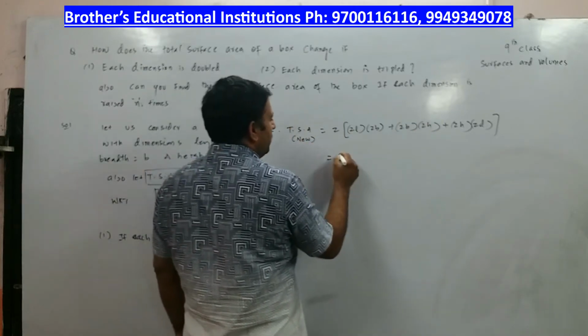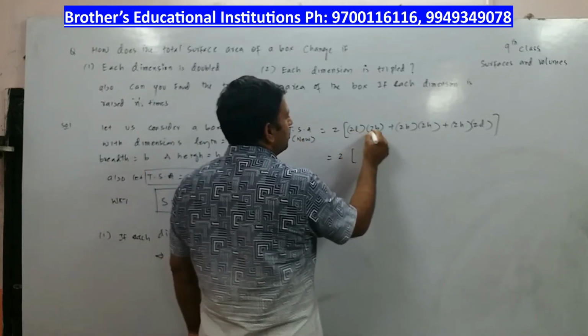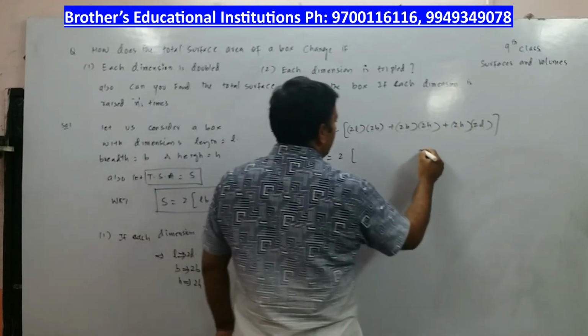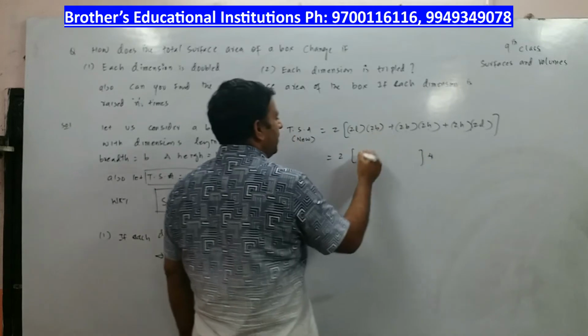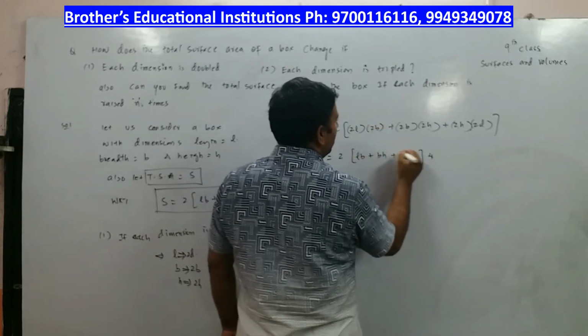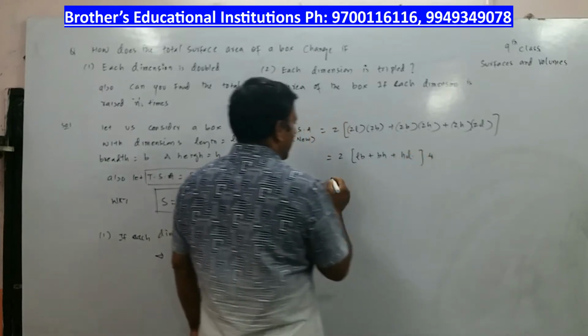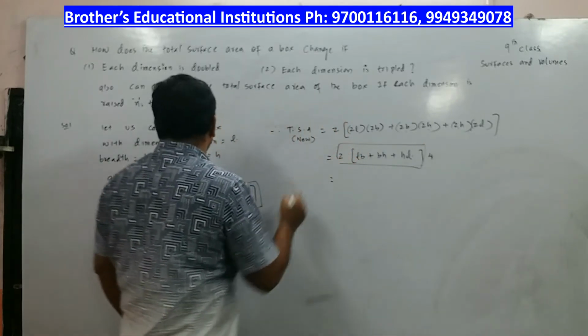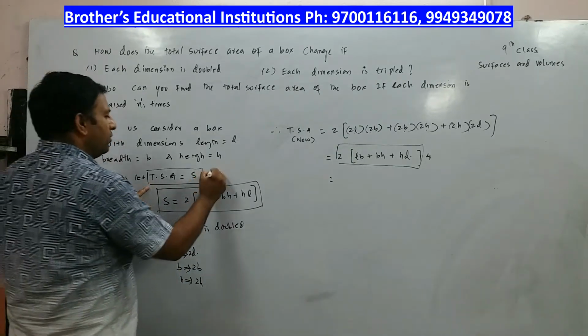So what you will get? Total surface area new is equal to 2 times, 2 2s are 4, 2 2s are 4, 2 2s are 4. So 4 is taken common, and you will get 2 times (LB plus BH plus HL). And what is 2 times (LB plus BH plus HL)? It is nothing but the original total surface area.